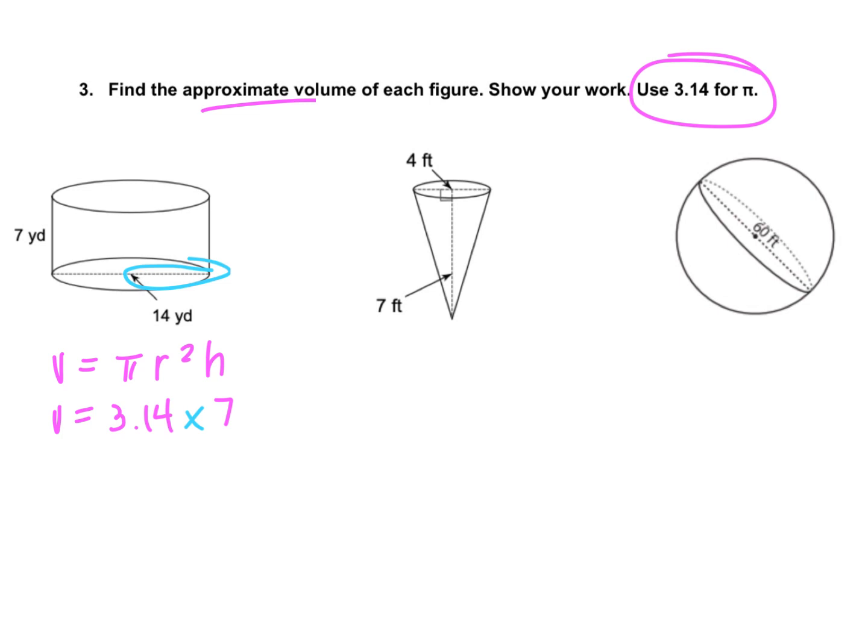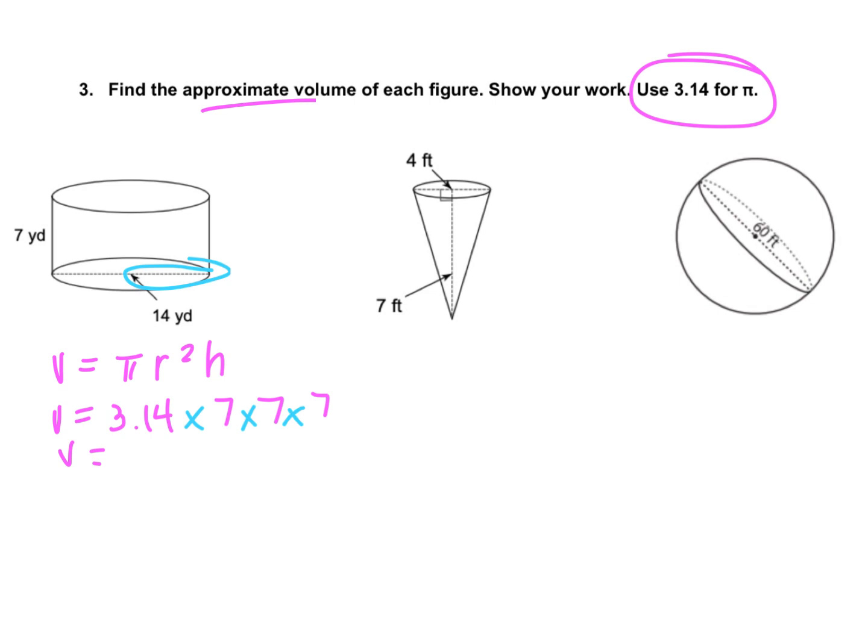And we need 2 of those, so 7 times 7. And then the height of this cylinder just happens to also be 7.